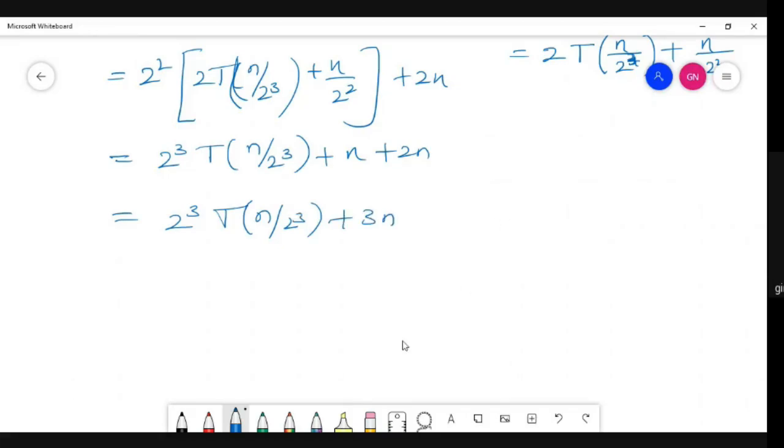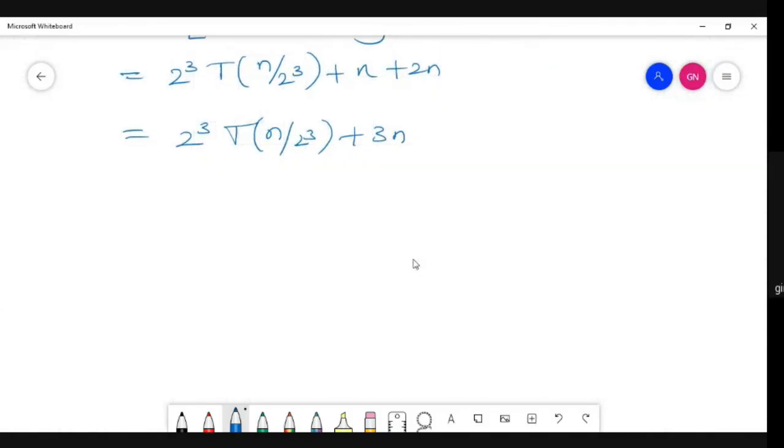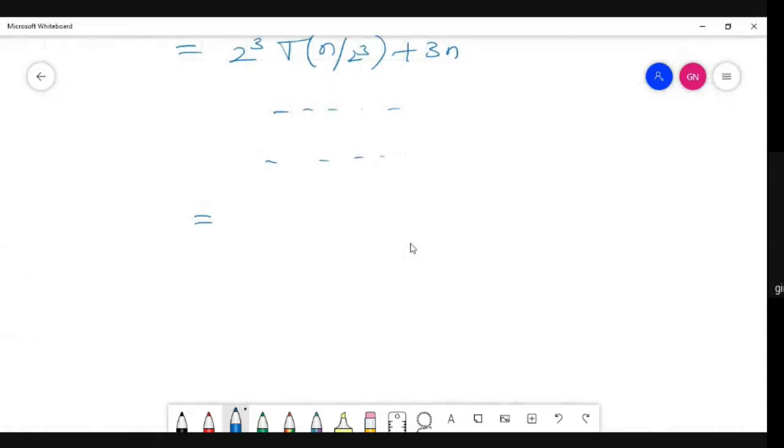Observe, guys, when I simply keep on doing here, surely I can do it for the other steps also. But now I can take the n values because n is already available. Now it is supposed to be 2 power i. You can take any values. 2 power i into T of n by 2 power i plus i into n. Right? Can I do like this?